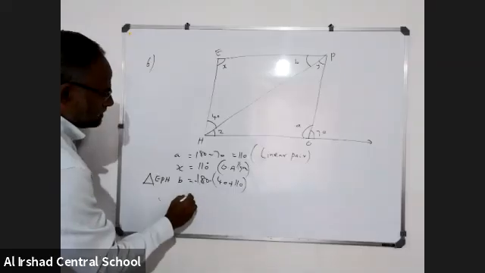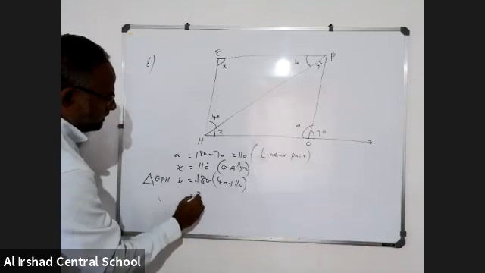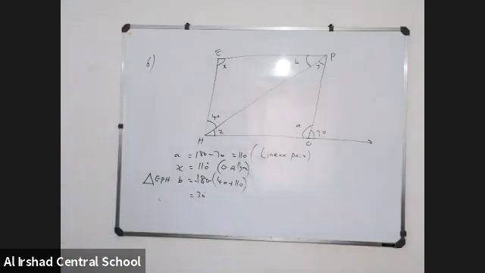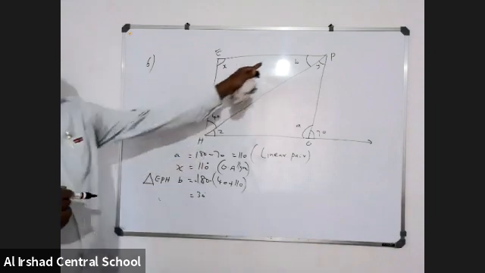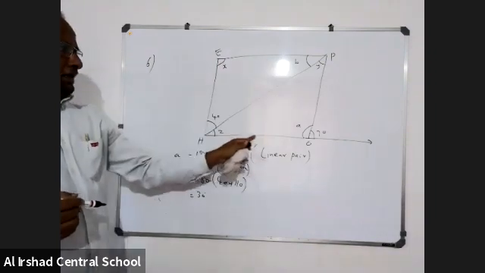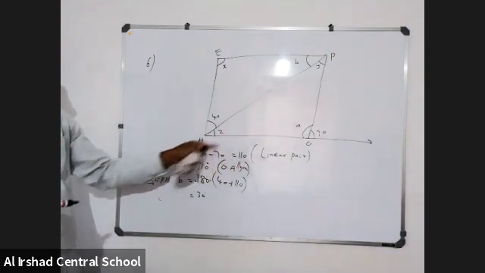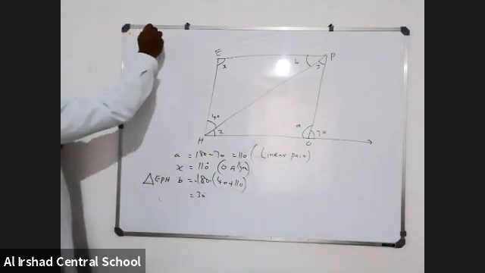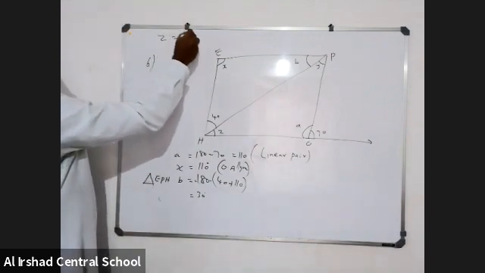B is equal to 180 minus 150, which is 30. This we got 30 degrees. Then we can say as before, Z is equal to 30 degrees.